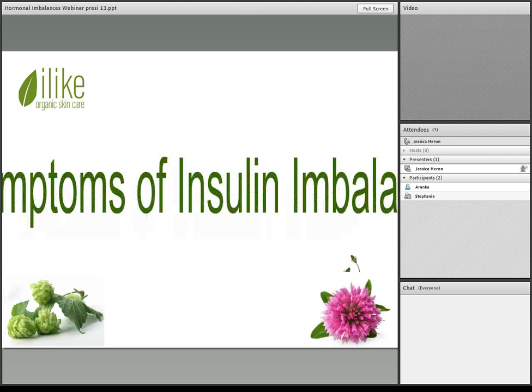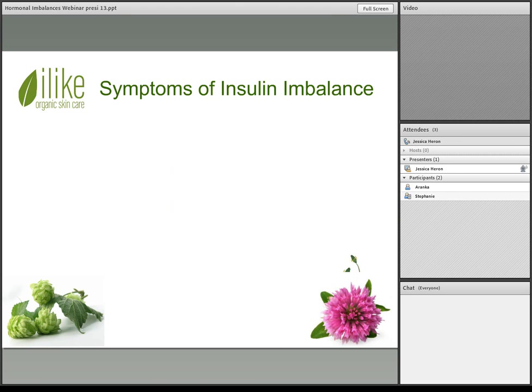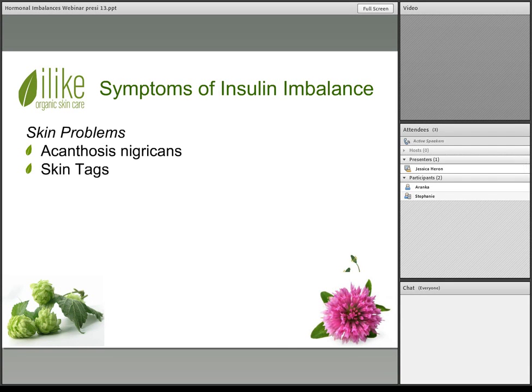Some other symptoms of insulin imbalance, especially associated with skin problems, would look like the acanthosis nigricans, which are the velvety type of hyperpigmentation, especially in the armpit area and legs, as we mentioned, and also on the neck. The skin tags that we mentioned in the earlier slide, and also some breakout problems.